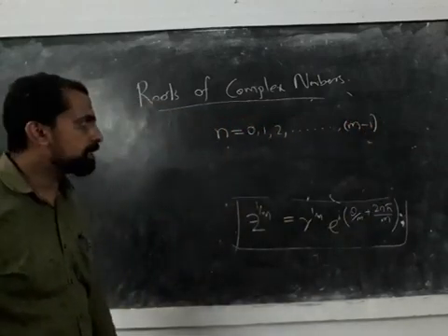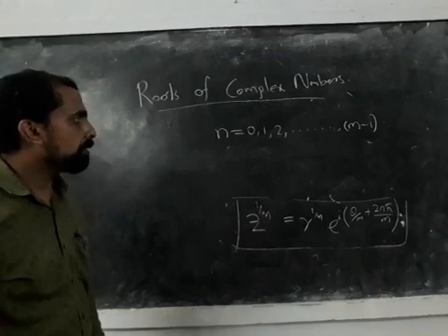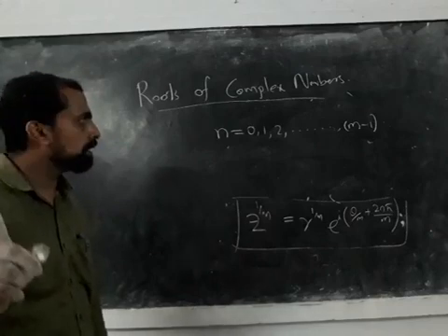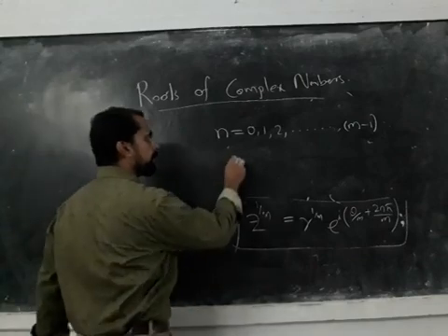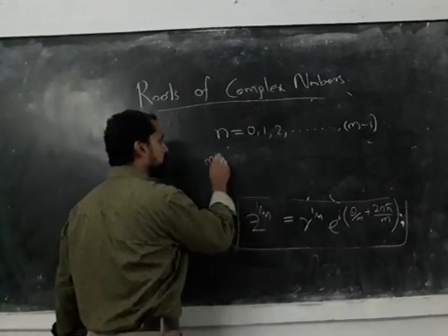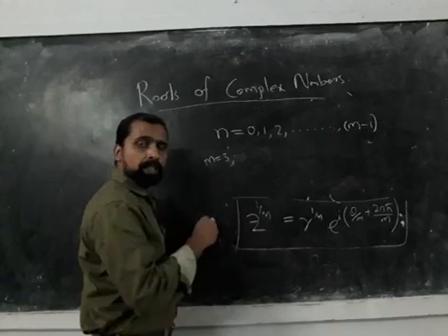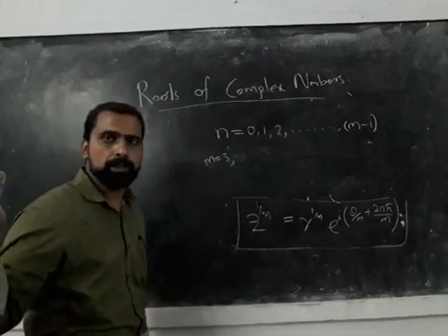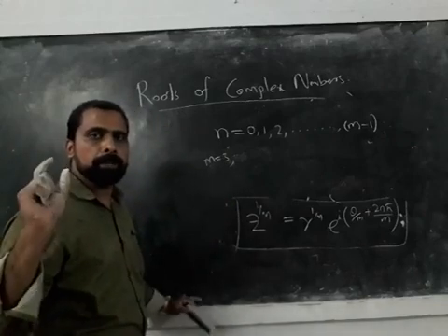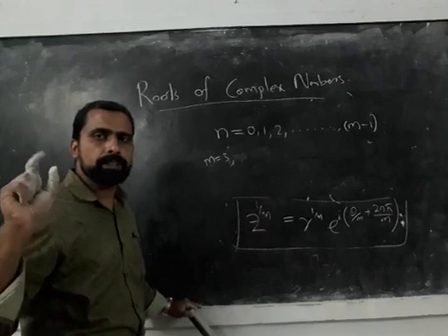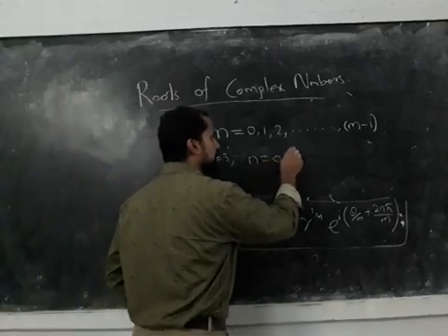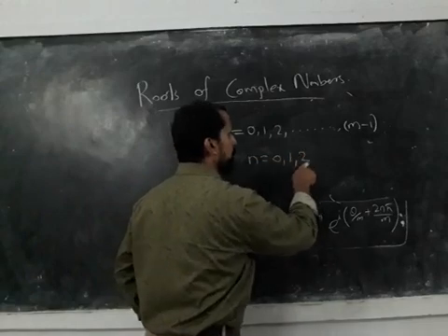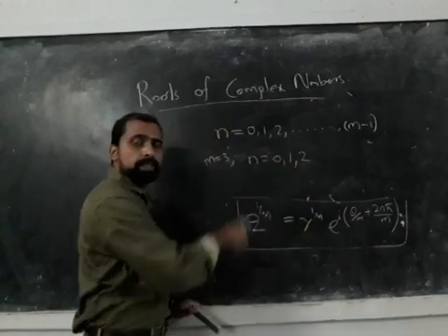So if m is equal to 3, that means I am looking at the cube root. Then how many distinct roots will you get? You will get n is equal to 0, 1, 2, because up to m minus 1.